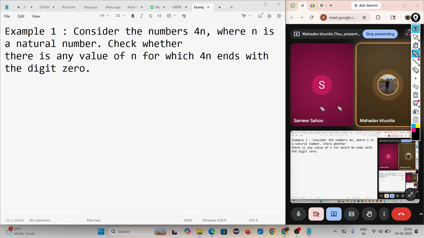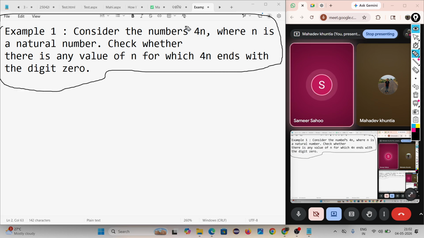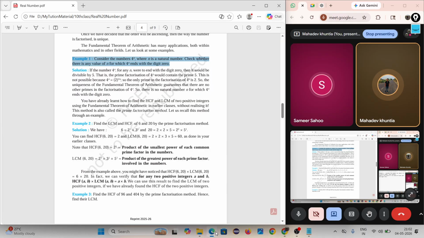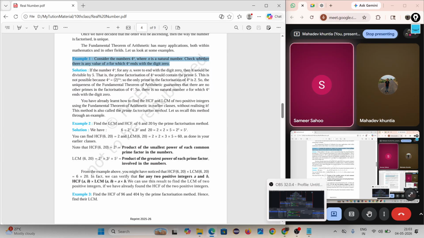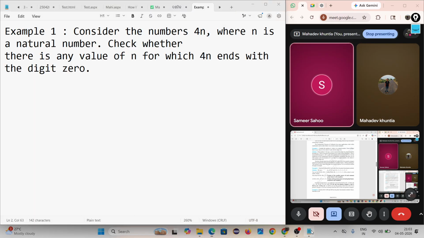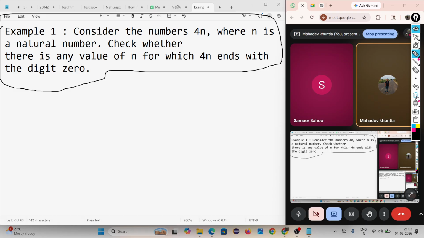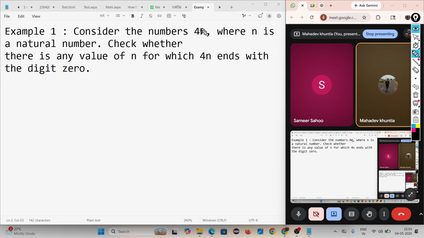Consider the numbers 4 to the power n, where n is a natural number.